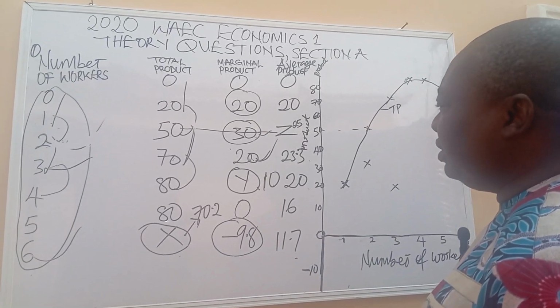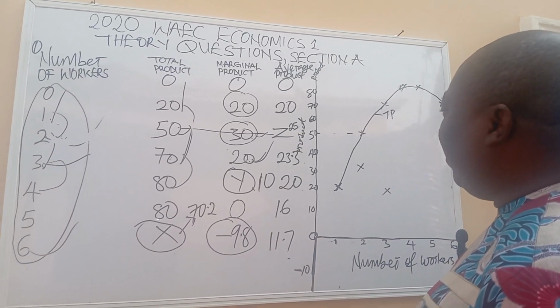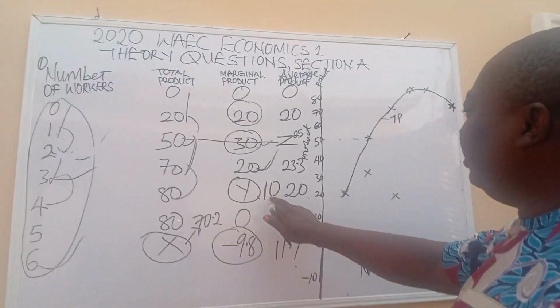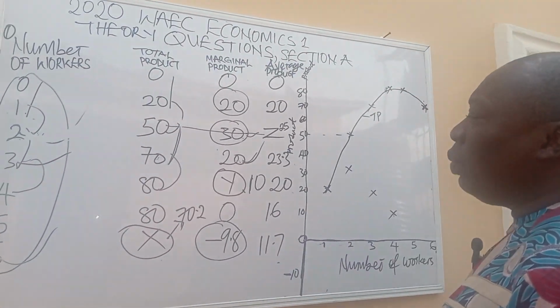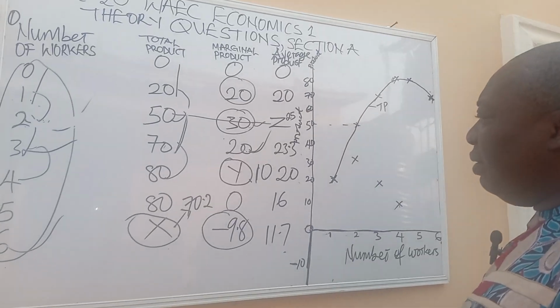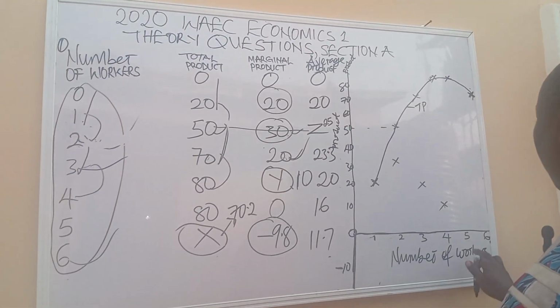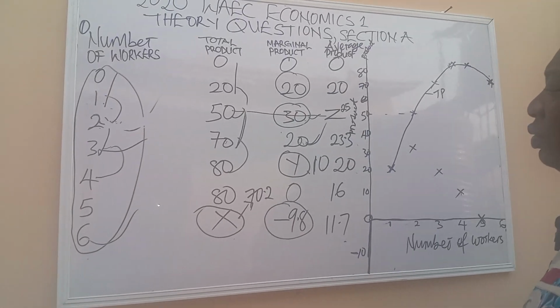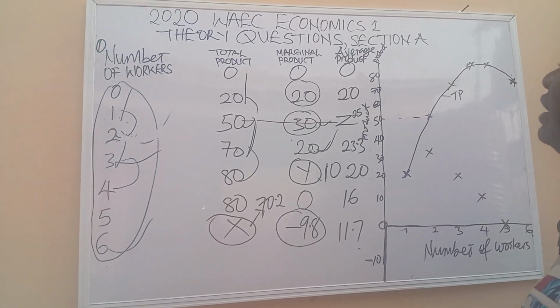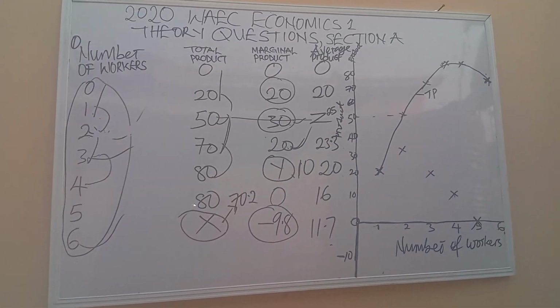When it is 4, marginal product is 10. The one we calculated, 10. When it is 5, marginal product is 0. So you tick here, marginal product is 0. When it is 6, marginal product reduces negatively.